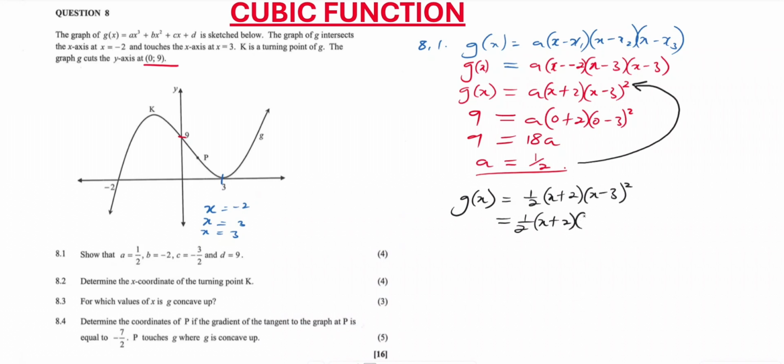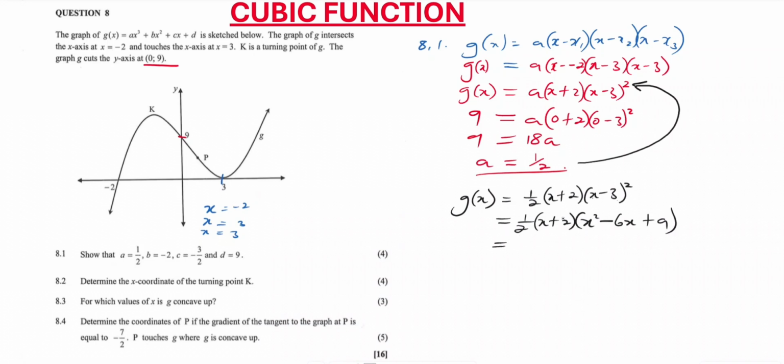I'm going to use the direct expansion for this one. We square the first term, x, which gives x squared. Then x times -3 gives -3x, times 2 gives -6x. Then -3 squared gives +9.